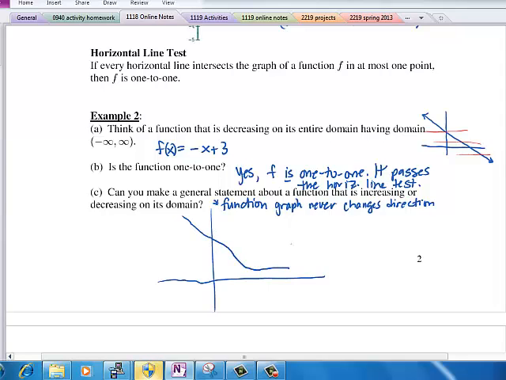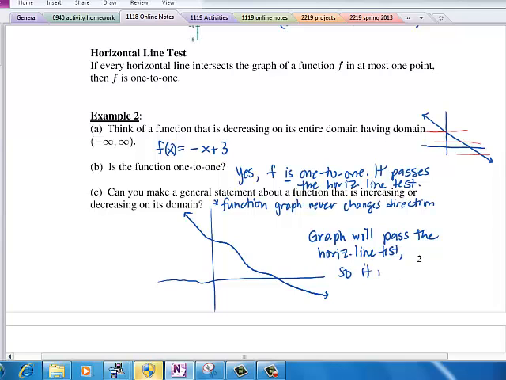Maybe it goes down quickly for a while and then levels almost out and goes down more. Maybe even almost has a horizontal asymptote. If it's decreasing always or increasing always, the graph has to pass the horizontal line test. So it is a one-to-one function, or it must be.